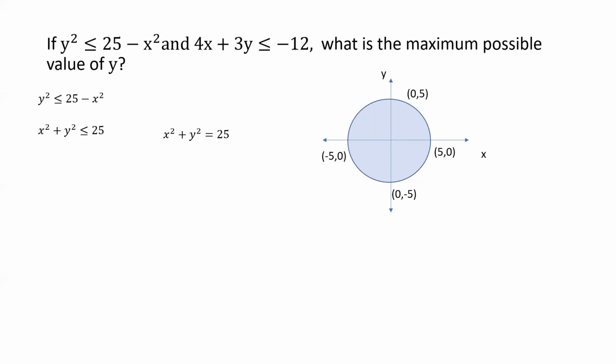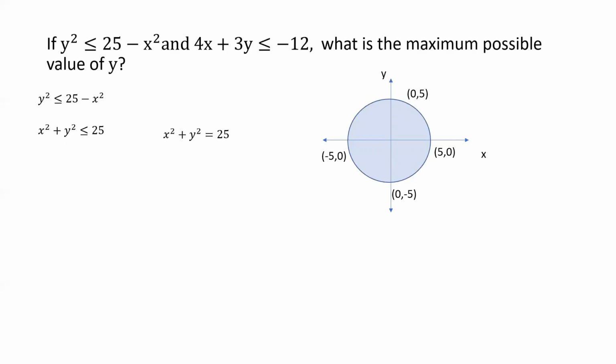I've shaded this circle, showing that my inequality requires that the point lies inside the circle. So if y squared is less than or equal to 25 minus x squared, then those points which satisfy this inequality on the xy plane would have to be inside the circle. And why is this?